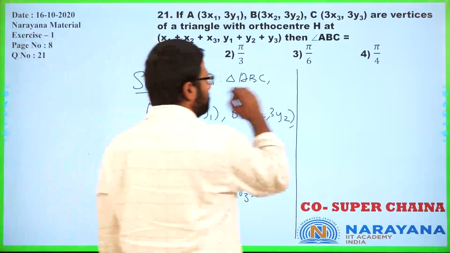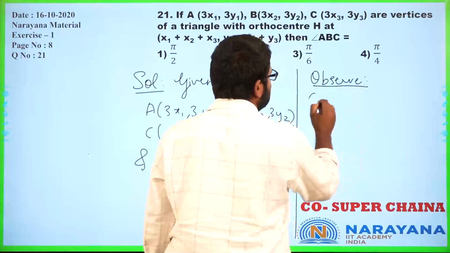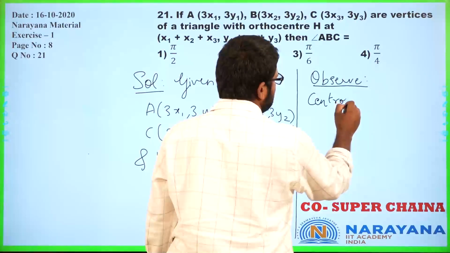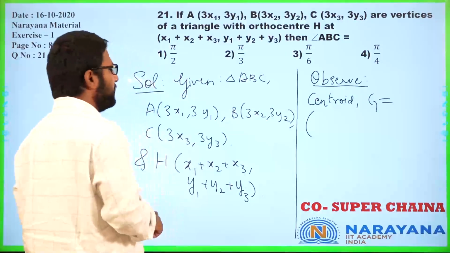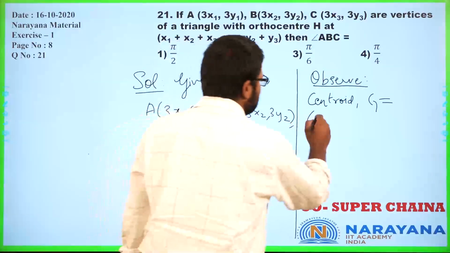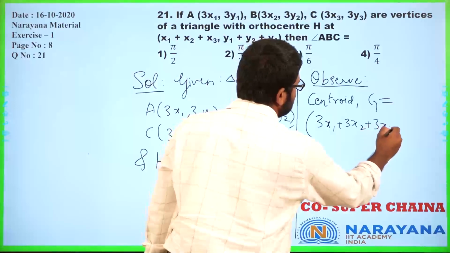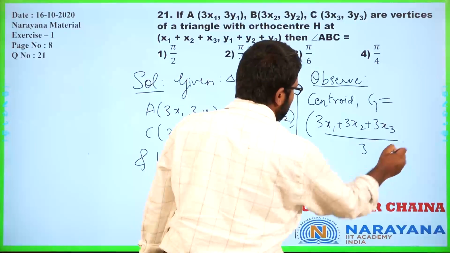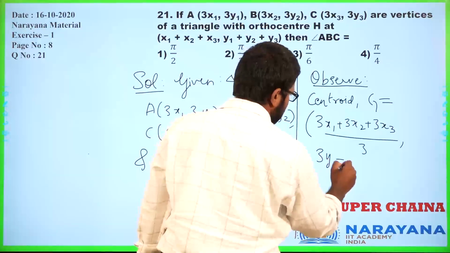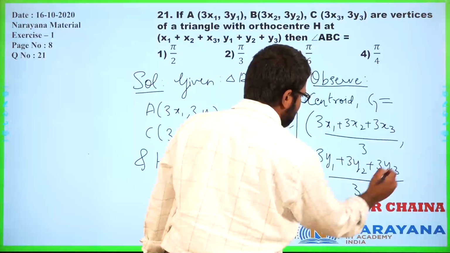Now observe, the centroid G, what will be the expression? 3x1 plus 3x2 plus 3x3, all the x coordinates divided by 3, comma, 3y1 plus 3y2 plus 3y3 divided by 3.